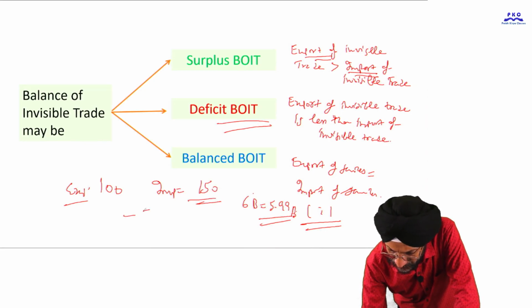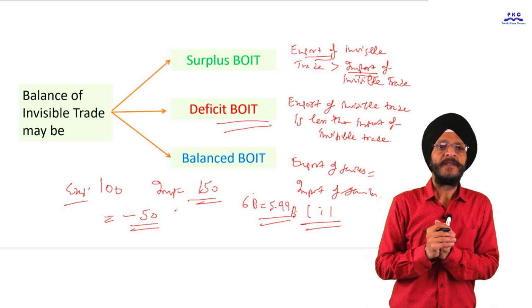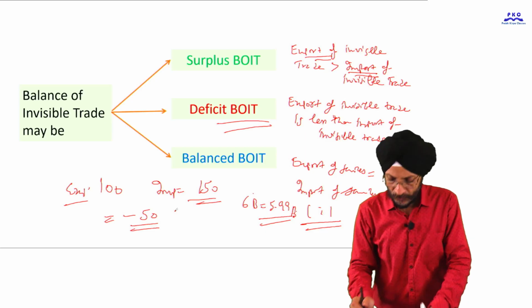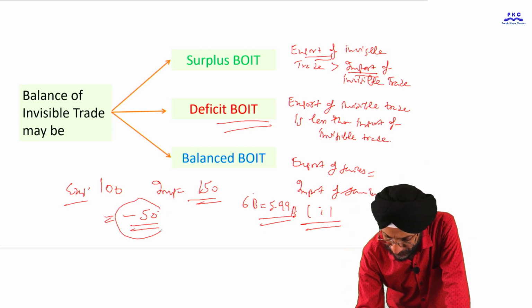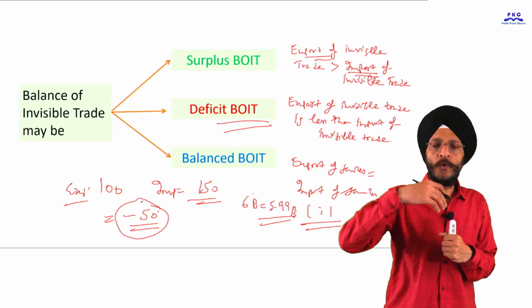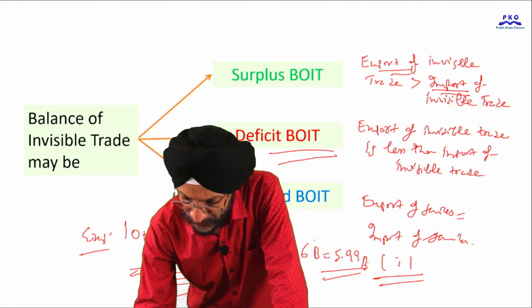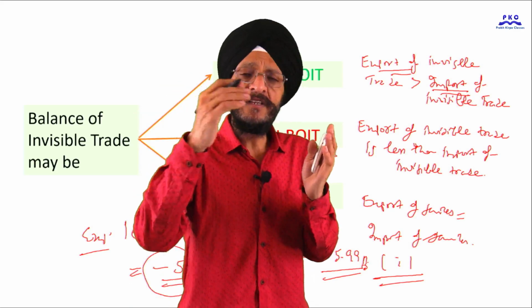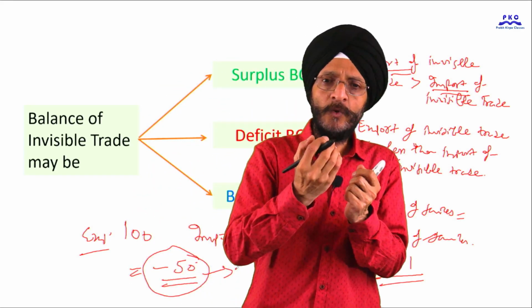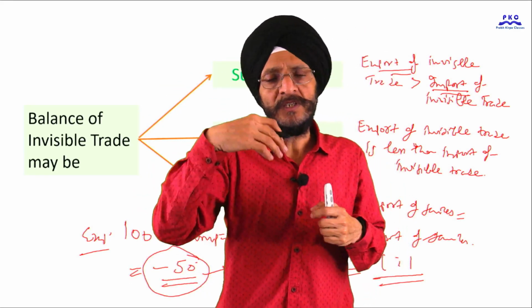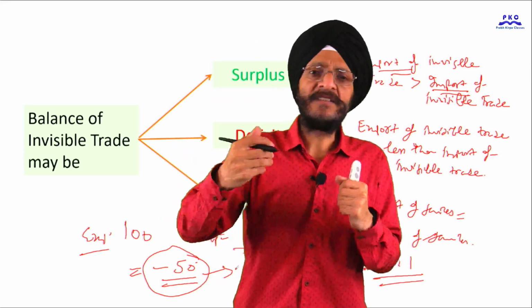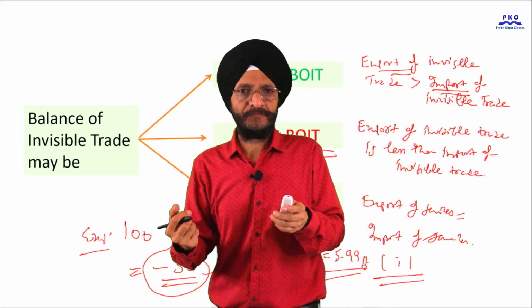So what is the difference? Minus 50. This is deficit balance of invisible trade. So it will have to pay 50 to the rest of the world. So to pay 50 to the rest of the world, either the country will have to borrow, or it will have to sell its assets or use some other means.